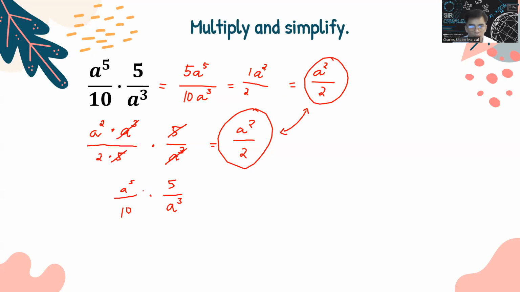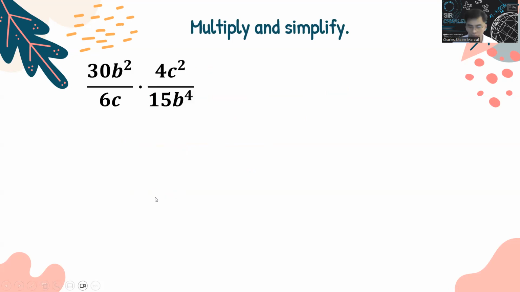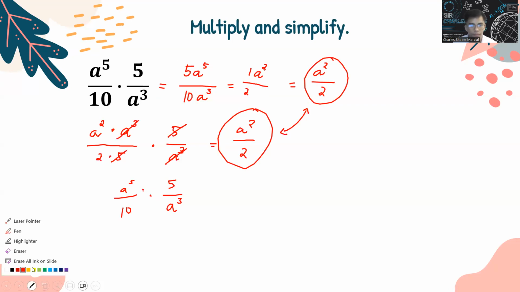Itong dalawa, i-multiply natin. We have a raised to 5 and a cubed. Isusubtract lang po natin. Ito magiging a squared and ito makakancel out na. So 5 minus 3, that is equal to 2, kaya naging a squared.